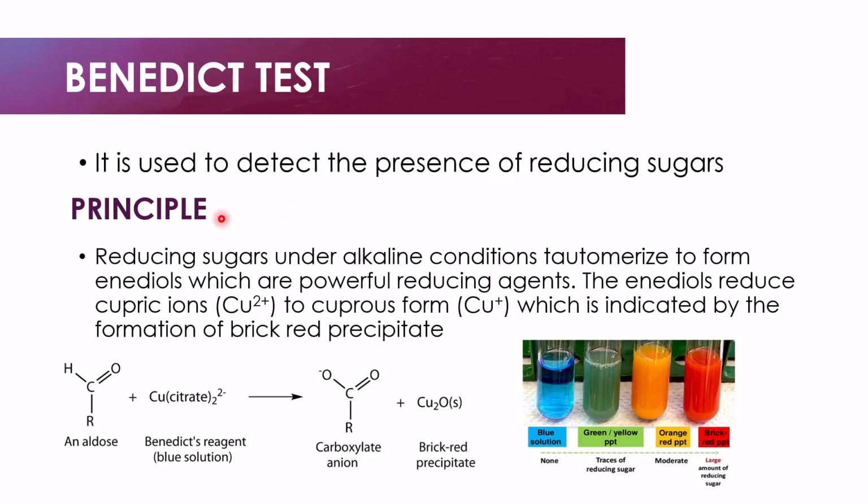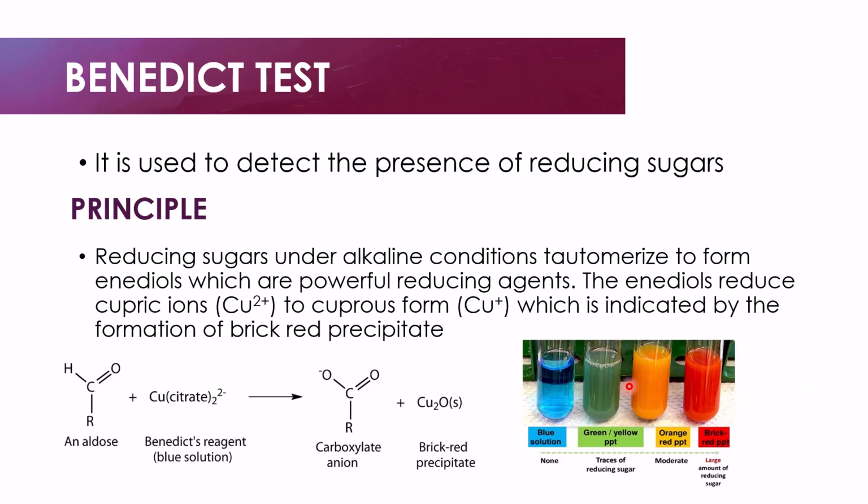The principle of the Benedict test: reducing sugars under alkaline conditions tautomerize to form enediols, which are powerful reducing agents. The enediols reduce cupric ions to the cuprous form, which is indicated by the formation of a brick red precipitate. This is just a reaction explaining the principle behind the Benedict test.